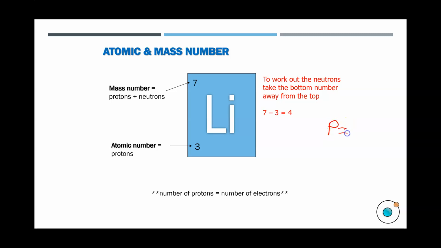Protons equals 3. Electrons, remember, always the same, so that's going to be 3. And then our neutrons is our bottom number taken from our top number. So that is 4. So protons are 3, electrons are 3, neutrons are 4.